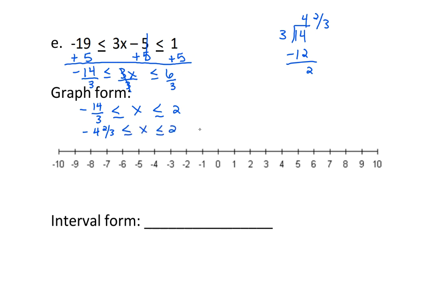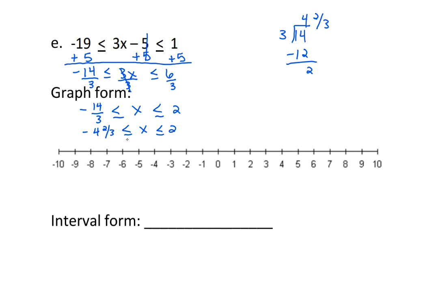Okay, so this is the compound inequality that we're going to graph. The way that we graph this is we're going to start with the number on the left, negative 4 2/3. So that would be right in here somewhere. And whatever symbol is between it and the x, that's what we're going to put on that spot.